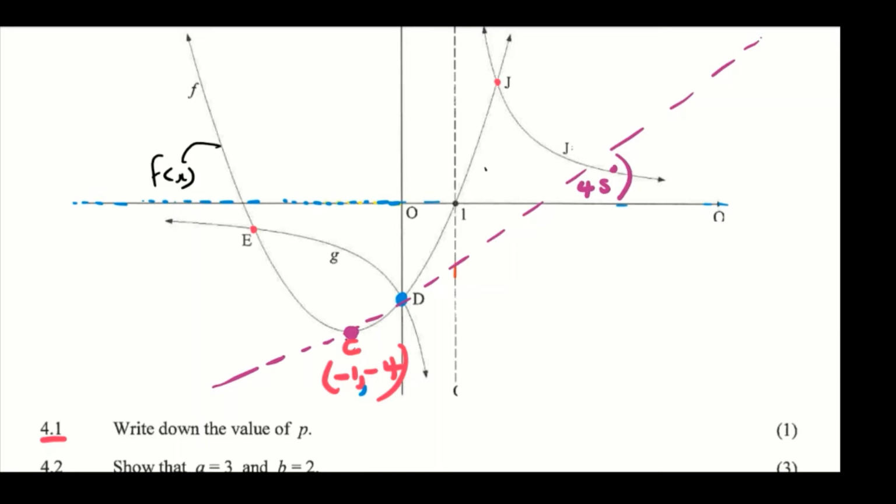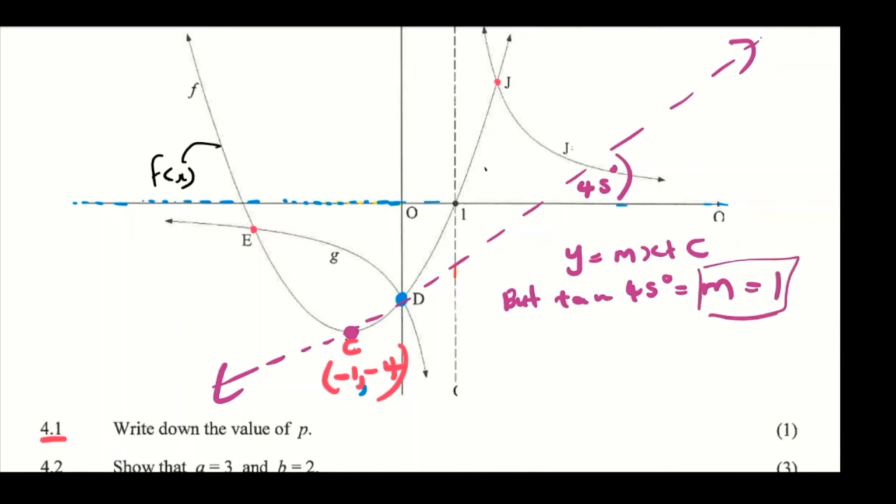So we want to identify the equation of this line. We know that since it's a line, it's going to be y is equal to mx plus c, right? But because it's 45 degrees, you can say tan of 45 degrees equals the gradient m, of which tan of 45 degrees equals 1. So m is equal to 1, right? So you have y is equal to x plus c now. For us to find the value of c, we need to substitute point C, because that's where the straight line passes through.